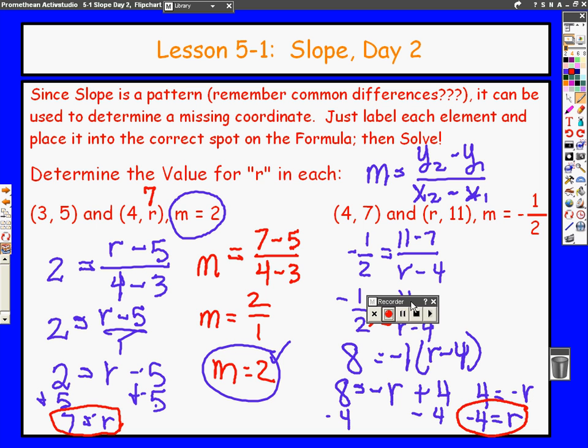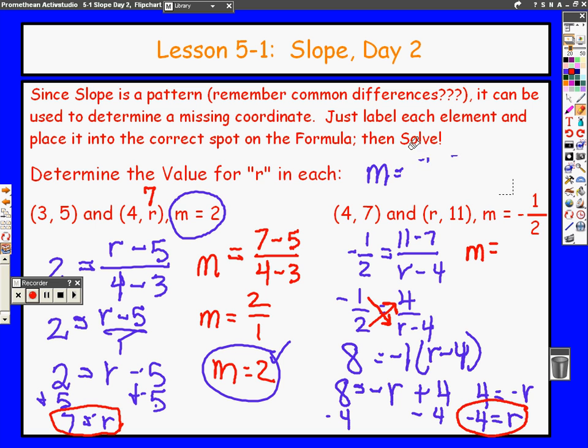And then all I need to do is check my work. I check my work by using the slope formula, m equals, and I'm going to substitute in -4 for r. Okay, so I have 11 minus 7 over -4 minus 4. 11 minus 7 is 4. -4 minus 4 is -8.